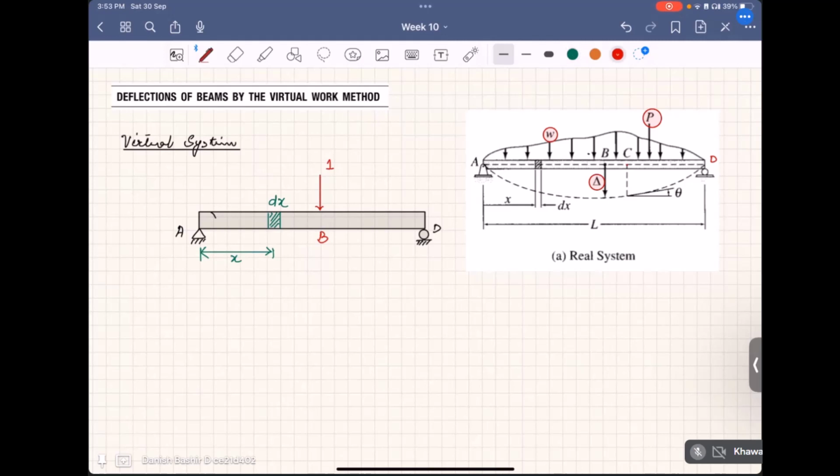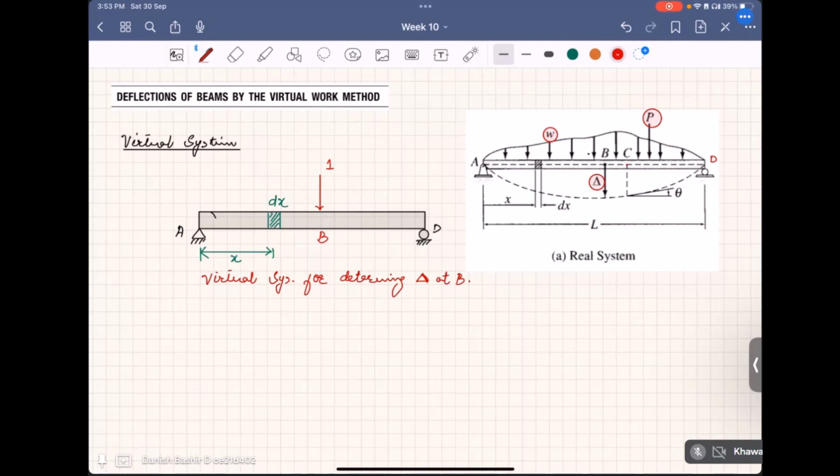This is a virtual system for determining delta at B, okay, determining delta at B.